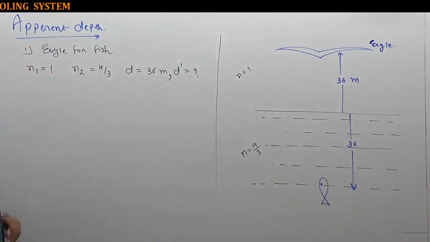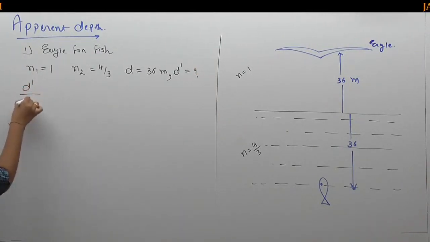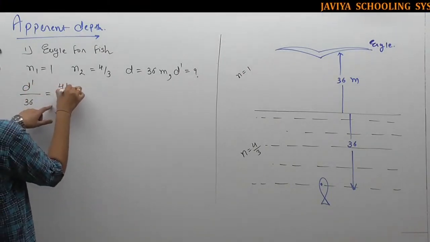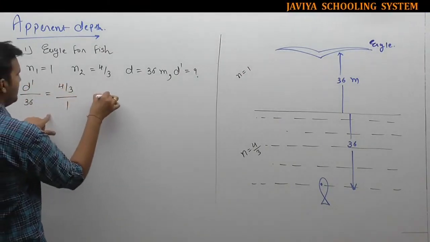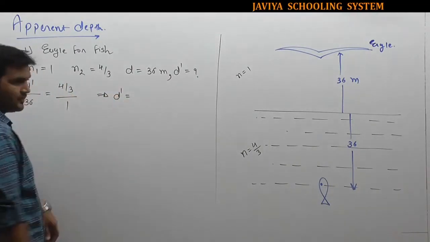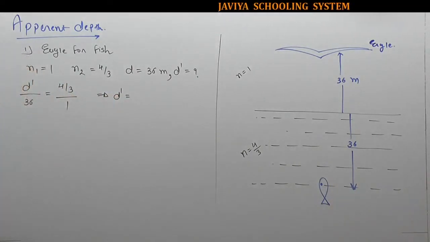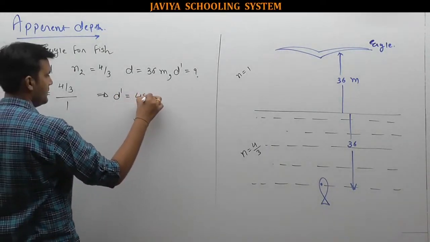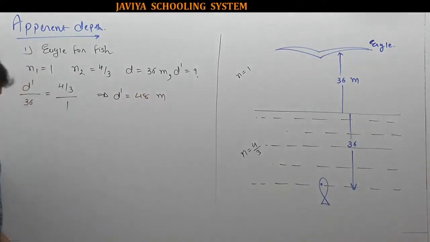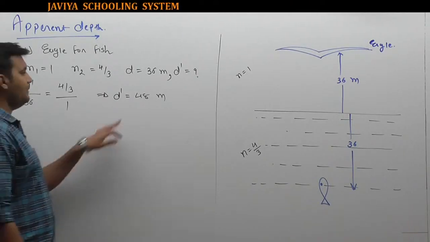Tell me the formula. So d dash upon d, that is 36, is nothing but n2 by n1. So what is n2, and this is n1. So apparent depth d dash comes out to be 48 meter, probably. 48 meter from surface.